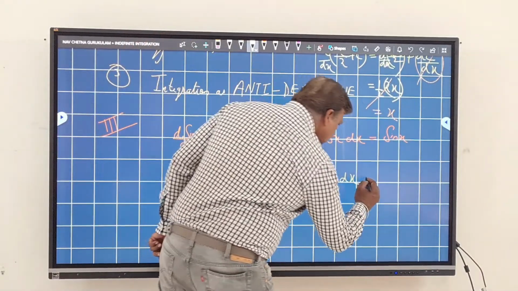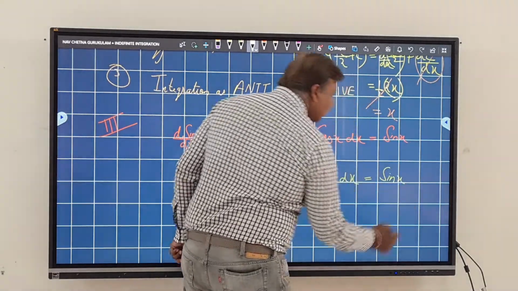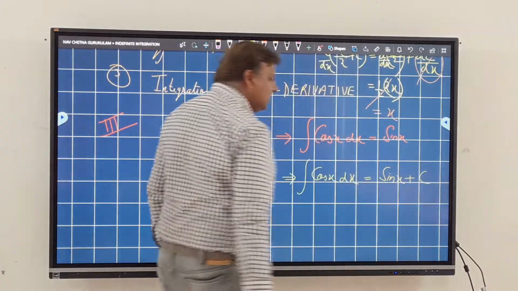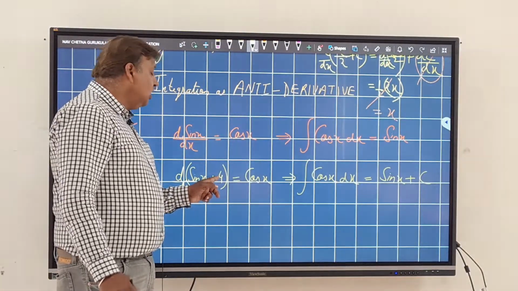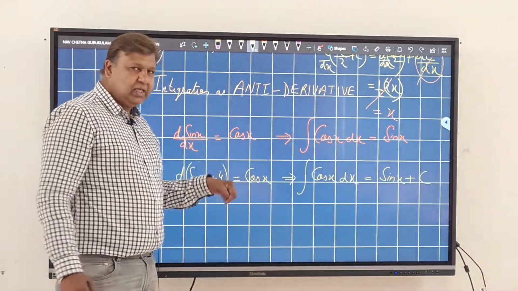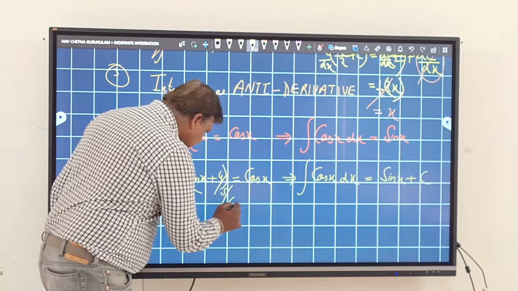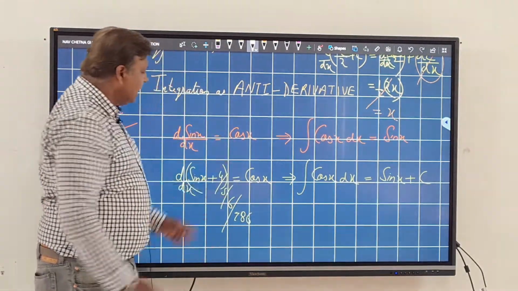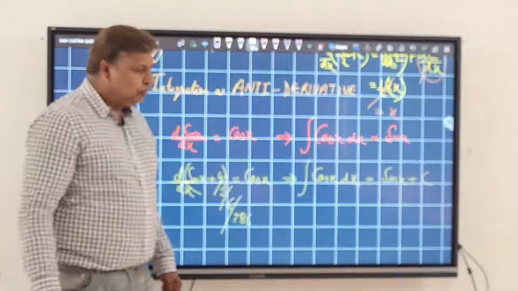So you cannot write in the reverse process that it is sin x with a constant 4. In fact, you will add c. This would constitute any of the values of the constant which would have been there in the first place. So had this been 4 or 5 or 6 or for that matter 7, 8, any of the constants, this process would be true.